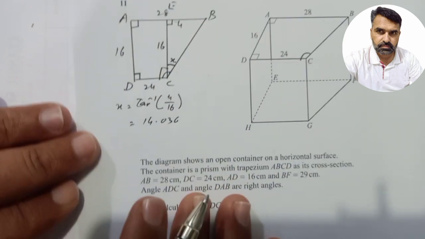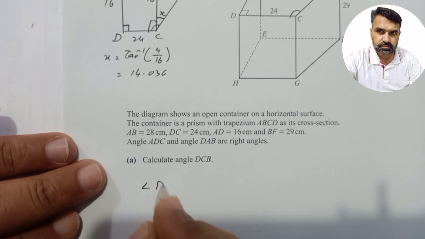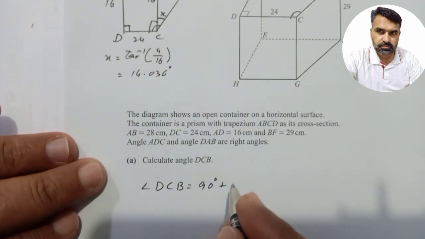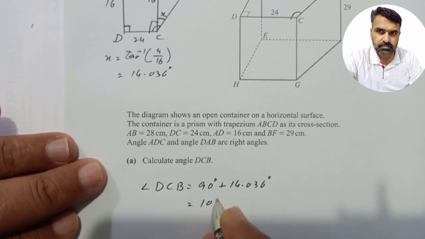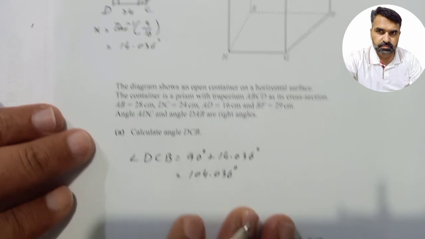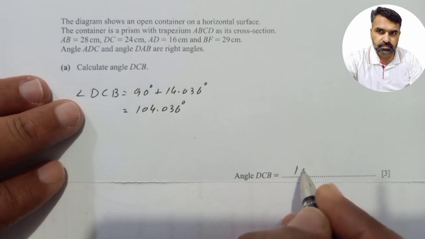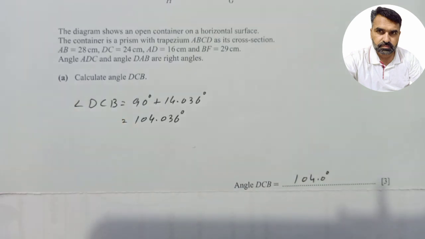This angle is a right angle, so angle DCB is equal to 90 degrees plus 14.036 degrees, and we will have 104.036 degrees. When we round it off to 1 decimal place, the value of the angle will become 104.0 degrees.